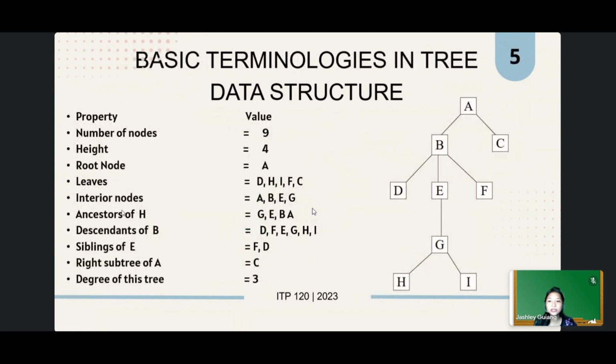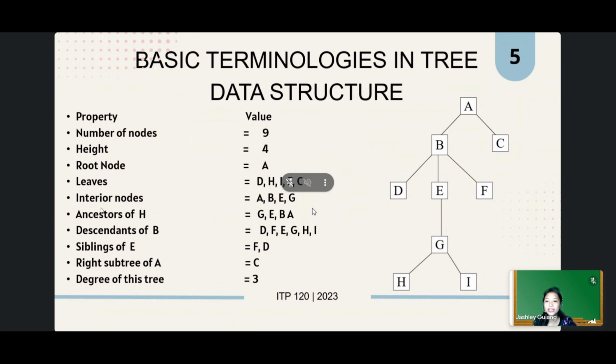The external nodes, or the leaves, are yung wala nang magmamana, or sila na yung last. So we have here the C, D, F, H, and I.